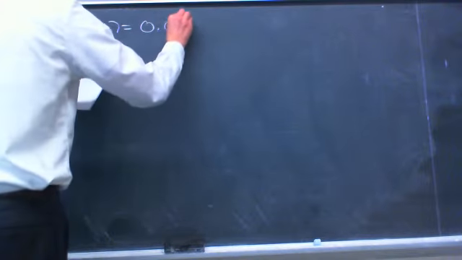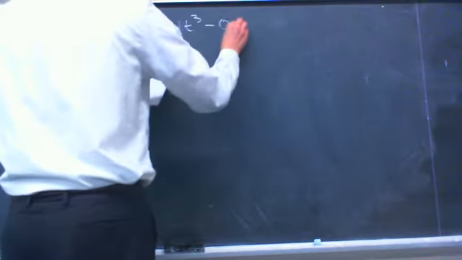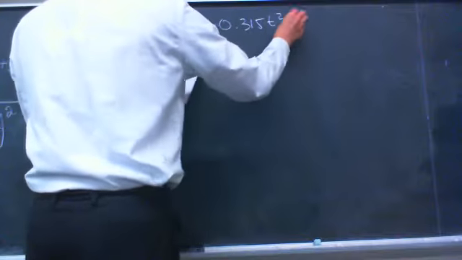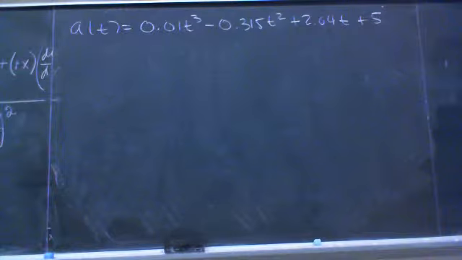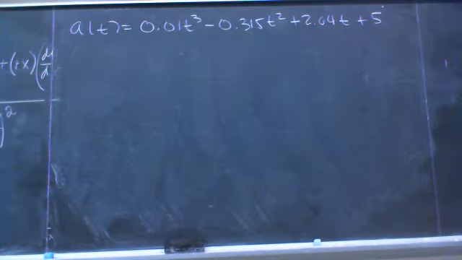It says here, in the summer, the activity level of a certain type of lizard varies according to the time of day. A biologist has determined that the activity level is given by the function, let's write it out, a at t equals 0.01 t cubed minus 0.315 t squared plus 2.04 t plus 5, where t is the number of hours after 12 noon.